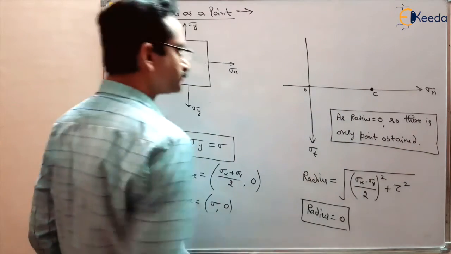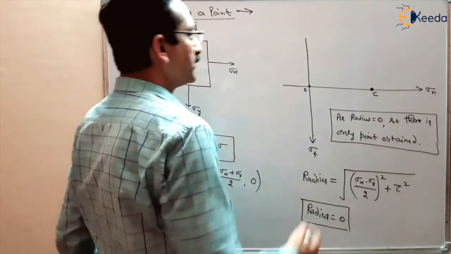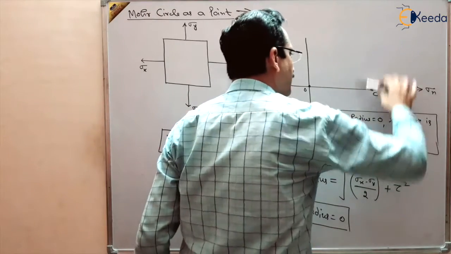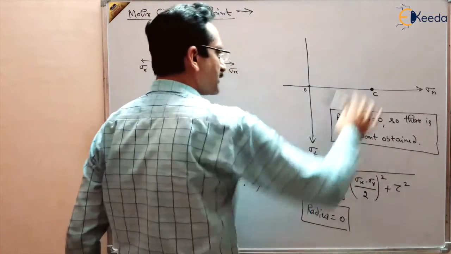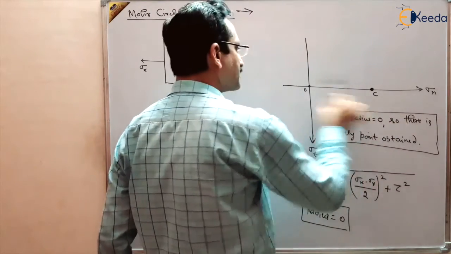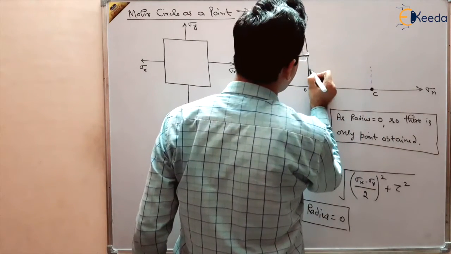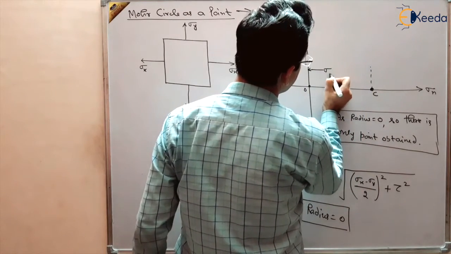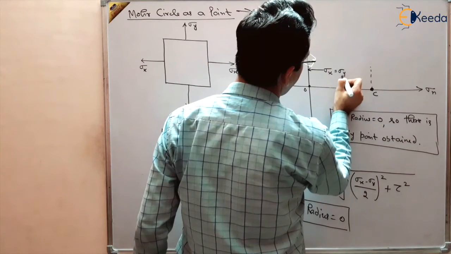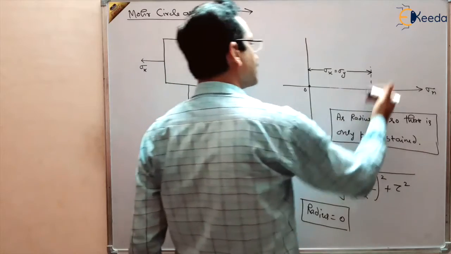Radius is 0. So when we are obtaining only a point, there is no length in the vertical direction, no shear stress in the vertical direction. In the horizontal direction, we are getting a certain distance, and this distance is basically sigma x, which is equal to sigma y. But in the vertical direction there is no distance.